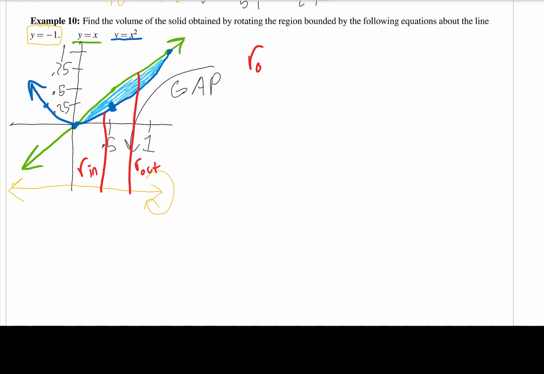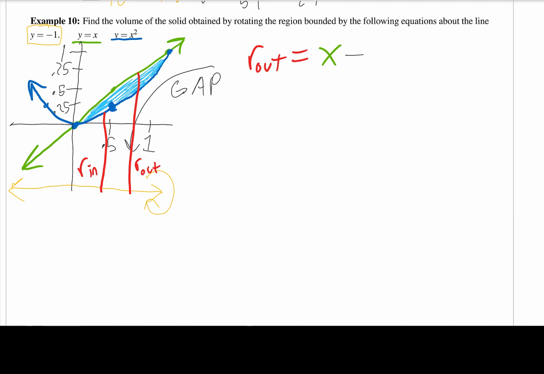So R out is going to be the difference between the green and the orange. Let's call it orange. It looks like orange. Orange curve. And also we notice that we're revolving about y equals -1, which means that we should have a dx integral. Which means we're going to want things in terms of x's, which is good because they were given to us in terms of x's. So we're going to have the green curve, which was x, minus the orange curve.